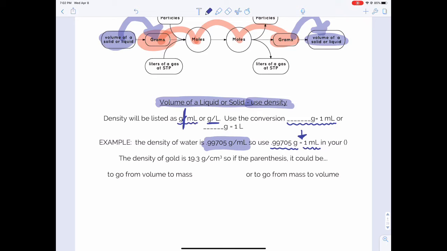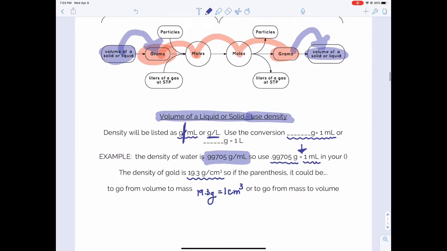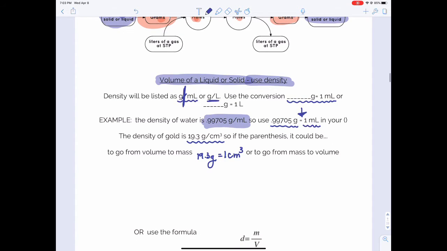So for example, here's another density, the density of gold, 19.3 grams per centimeter cubed. So that means 19.3 grams would be equal to 1 centimeter cubed. That mass of gold will have a volume of gold of 1 centimeter cubed.